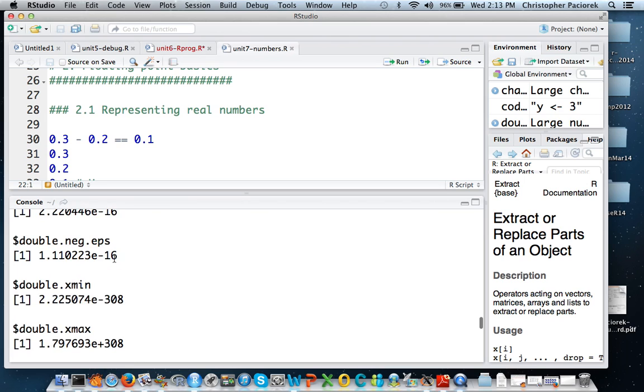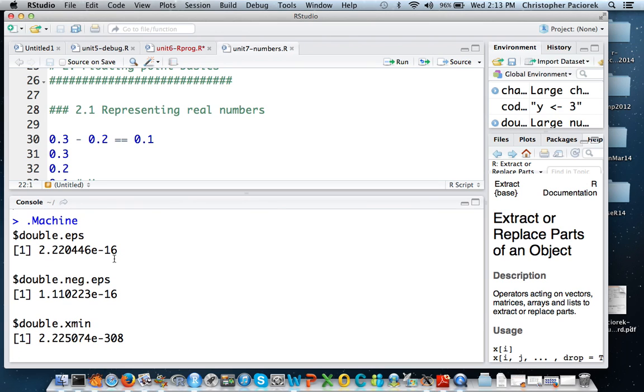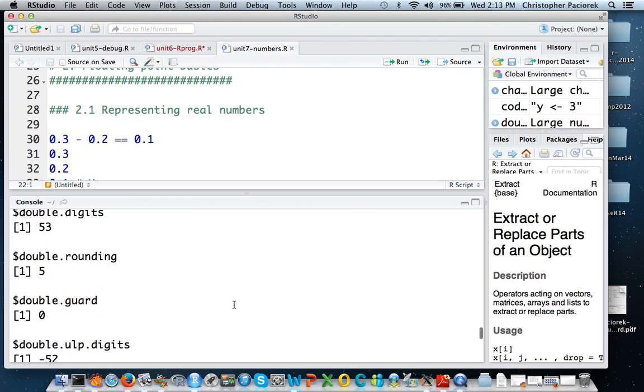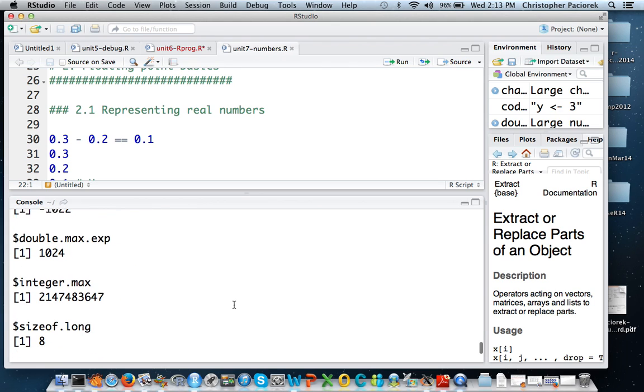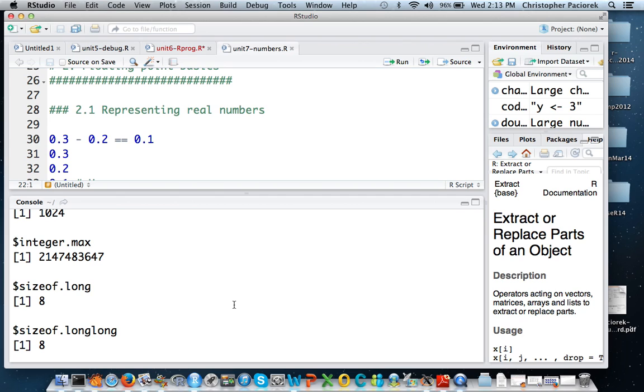So we're going to come back to a few of these quantities in the dot machine list. But the first one, to relate to something we were talking about last time, is that one of the elements is integer max. This is the largest integer that we can work with in R. If we did the computation of 2 to the 31st minus 1, 2 to the 31st because we have 4 bytes, so that would be 2 to the 32nd, except half of those are in the negative part of the real line, and we have minus 1 because we have to account for 0, which is in the middle between the positives and the negatives.